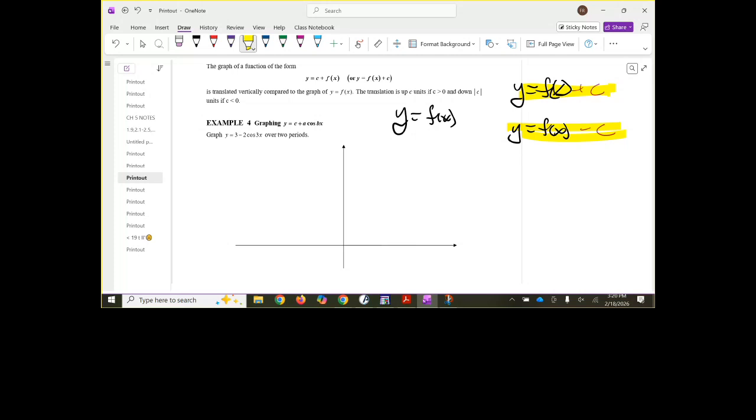When it's inside, you change the x values, because if you change the input, it was f of x plus c or x minus c. So we made changes like this. If the plus or minus is on the outside, y'all, we're changing the y values. This is more intuitive. If we got a plus, we're going up. If we got a minus, we're going down.